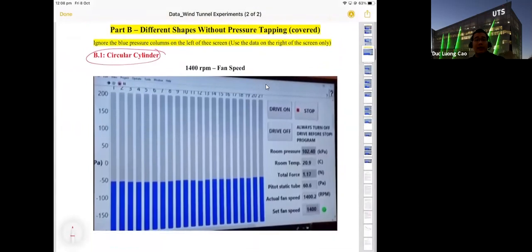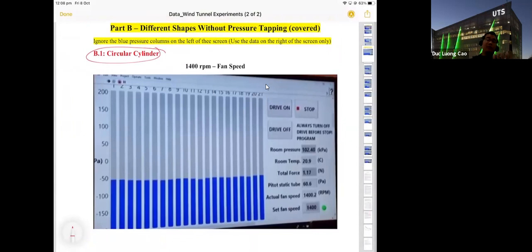First one is circular cylinder. As you see, we use the blue one to cover the cylinder. When we cover the cylinder, we cover 21 holes. So you see on the screen the pressure on the 21 holes is at the same level, and negative.